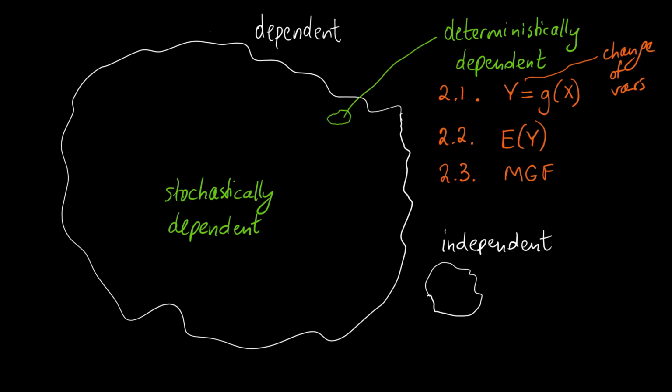So one really cool realization, I think, is that so far we have only looked at random variables that are deterministic functions of each other.